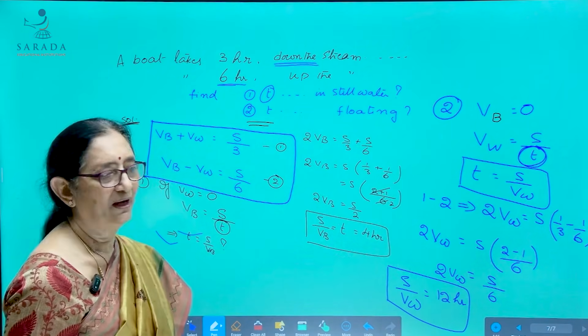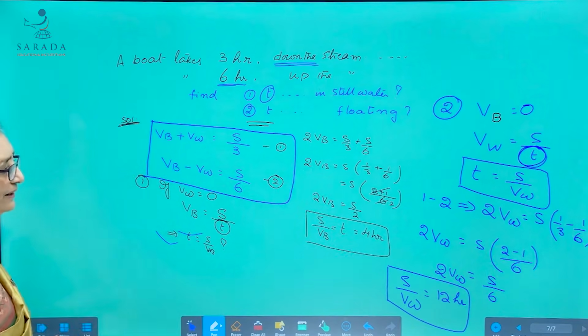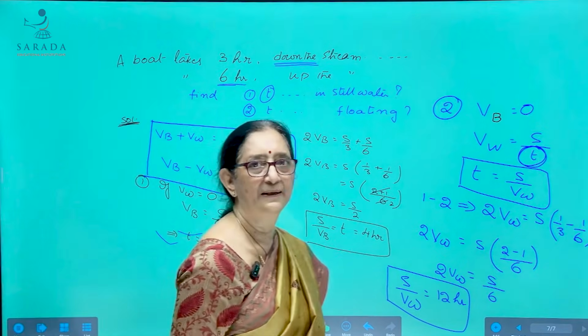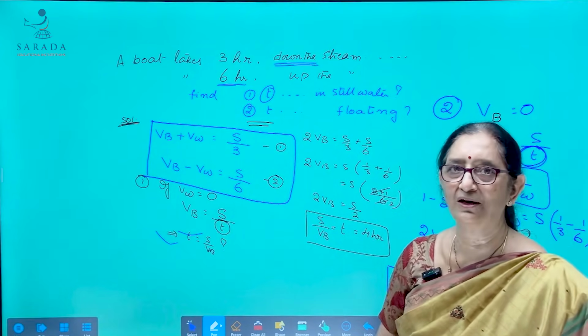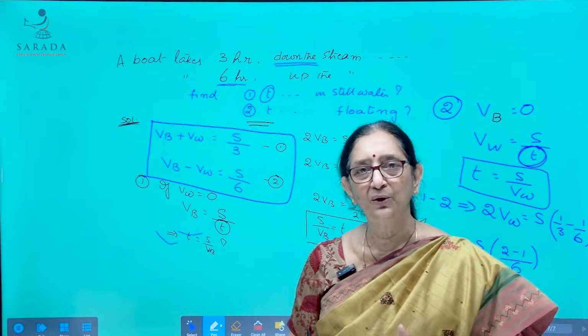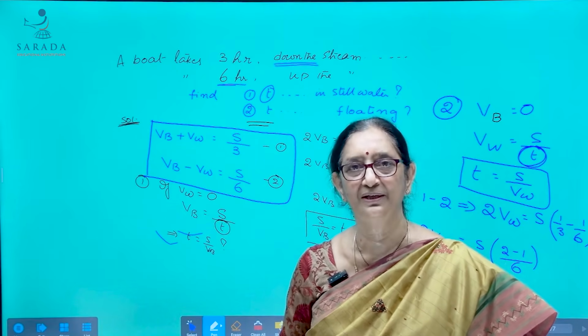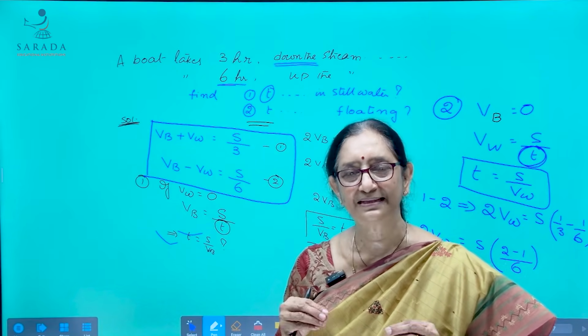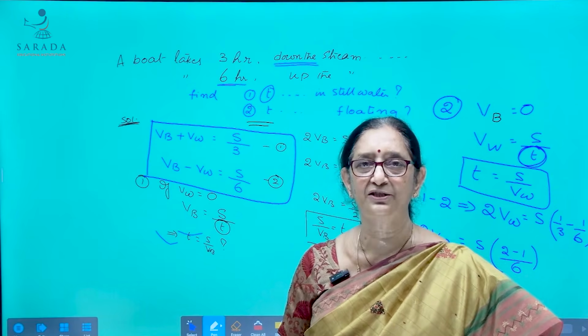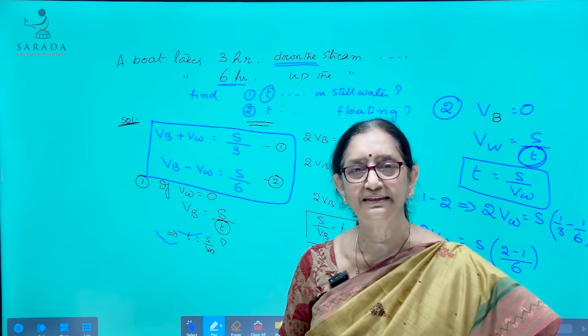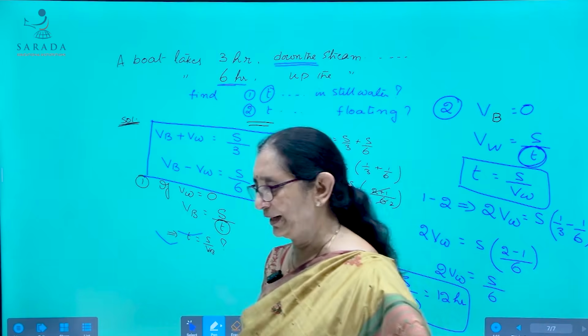So, that is one example for the resultant velocity. Once again, we use the concept of vectors. When two vectors are in the same direction, their resultant is the sum of their magnitudes. When two vectors are in opposite directions, the resultant is the difference of the two vectors.